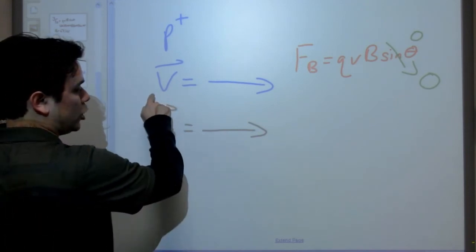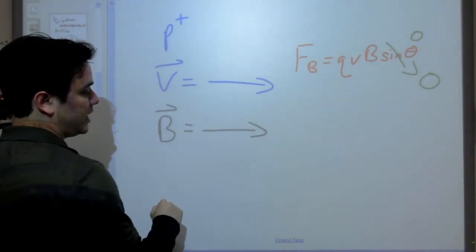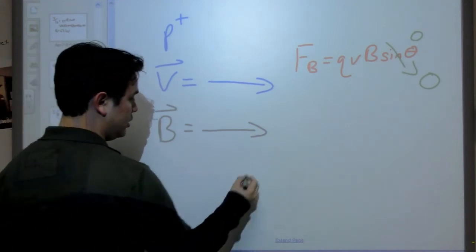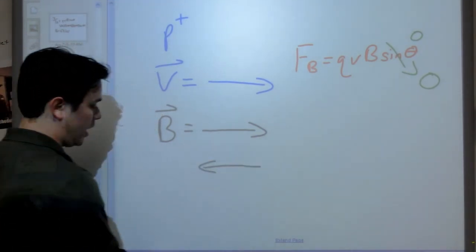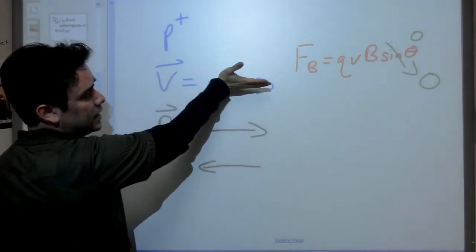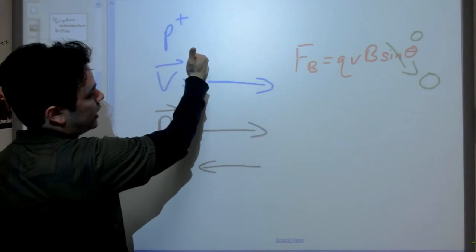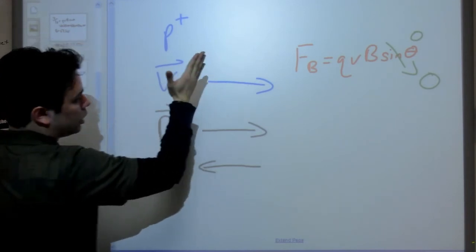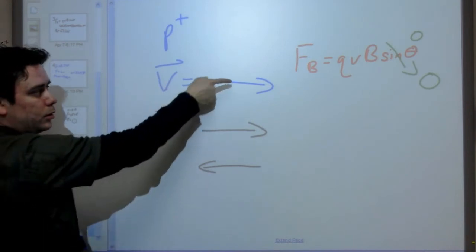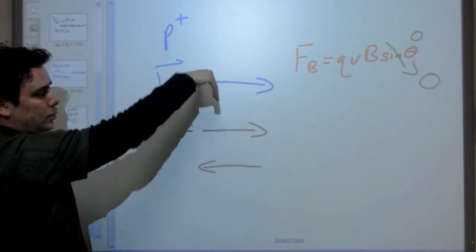If I have a charged particle moving into a uniform magnetic field, and they're both pointed the same way, or, alternatively, I could have the magnetic field point the opposite direction, so directly left. In that case, I'd have my hand like this, and I could curl this way, which would be out of the board, or it would be just as easy for me to curl the other way. Both are 180 degrees, and then it would be into the board.